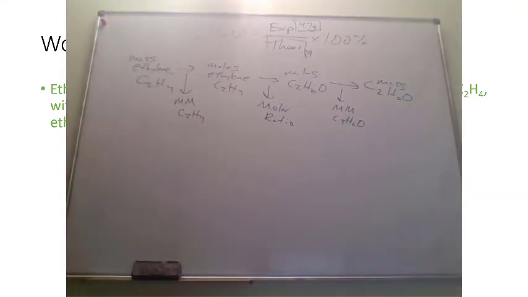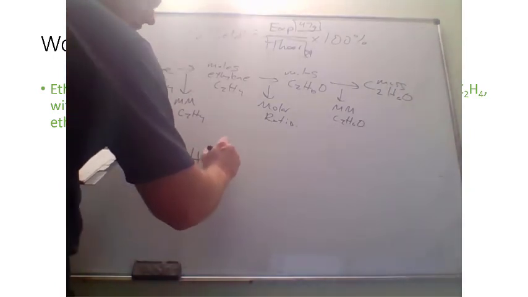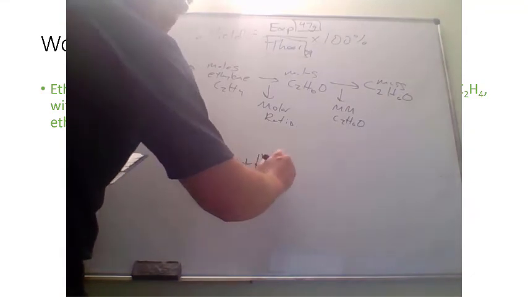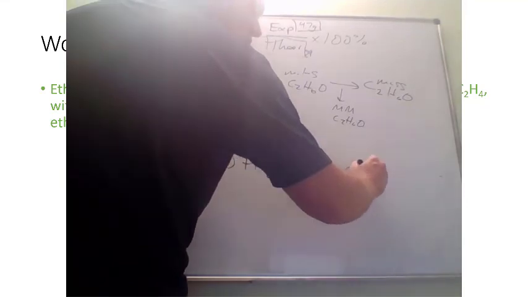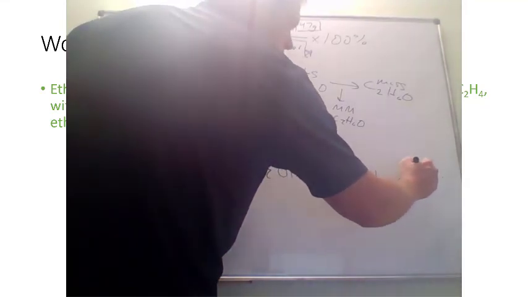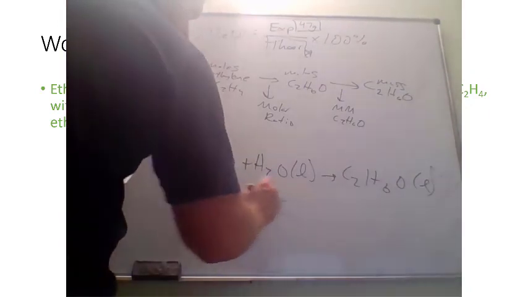All right, the same sort of problems we had previously. So let's take a look at our chemical equation and make sure that we're balanced. So we have C2H4 gas plus H2O liquid yields C2H6O liquid. So if we take a look, carbon, we have 2.